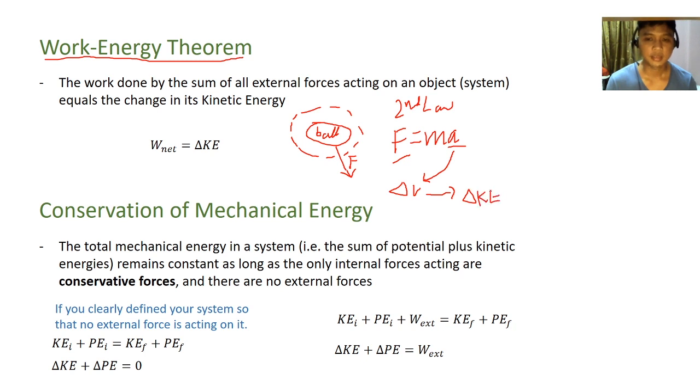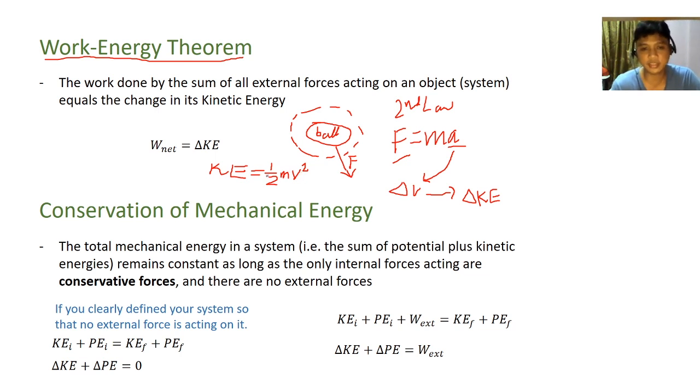Why? Because kinetic energy is a function that includes velocity, 1/2 mv squared. So if your velocity changes, since kinetic energy is directly proportional to the square of velocity, they are related.